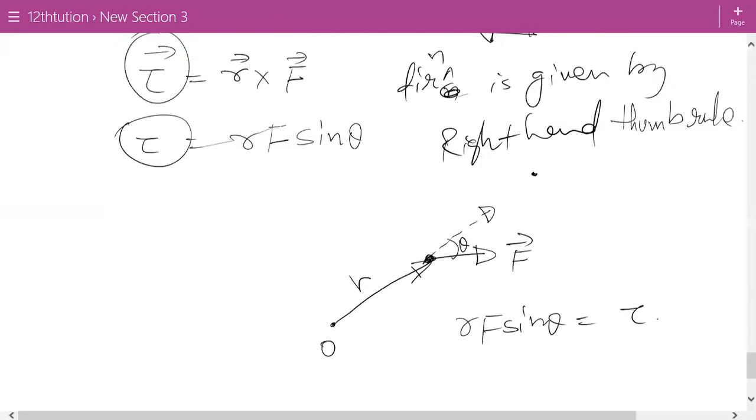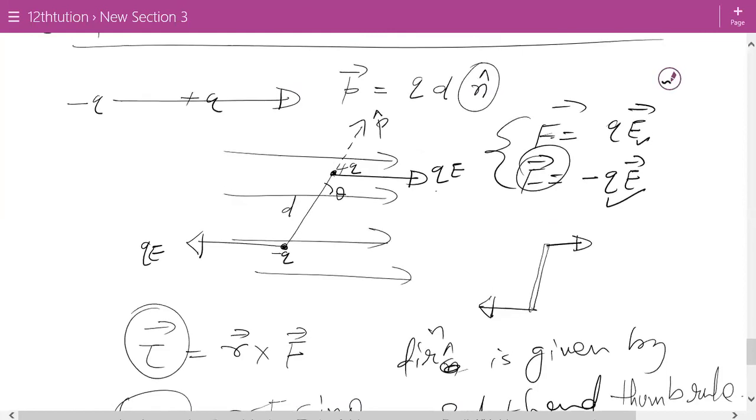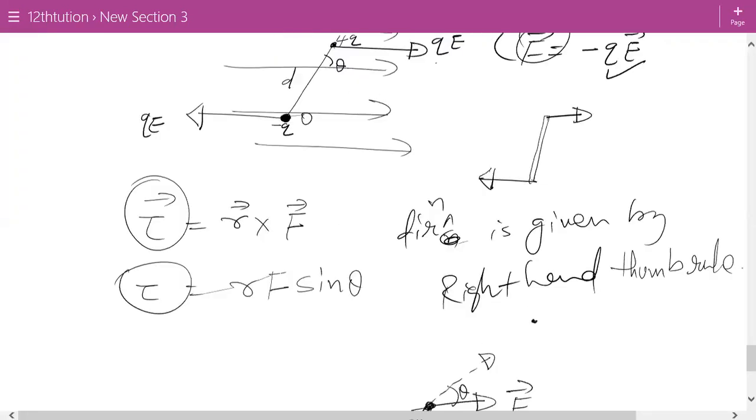Okay. So now we need to calculate the torque on this dipole. That is the problem. There are two forces working here, right? For example, say that this point is the origin. Now there are two forces. One force is QE.